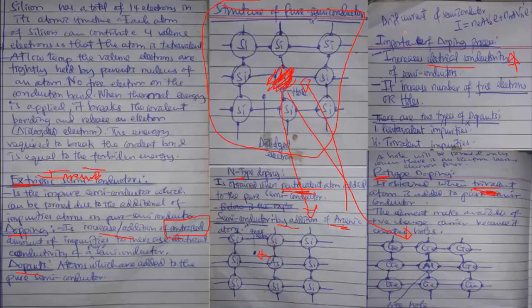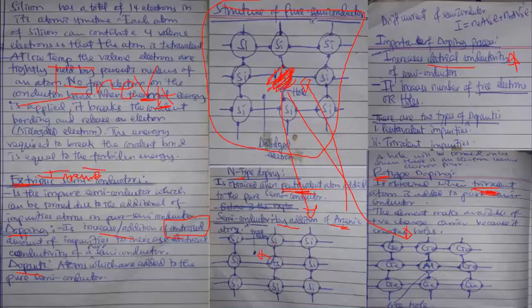Therefore, from our knowledge of drift current, you remember that drift current was given by I is equal to nEvA. You remember n is the number of charge per unit volume, e is the electronic charge, v is the drift velocity, and A is the cross-sectional area of a conductor.